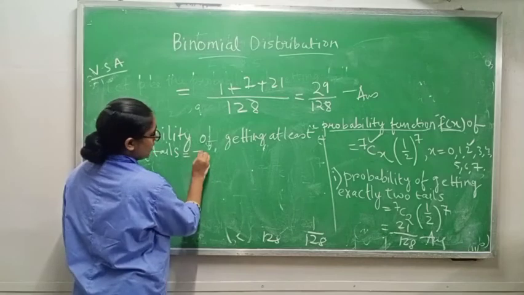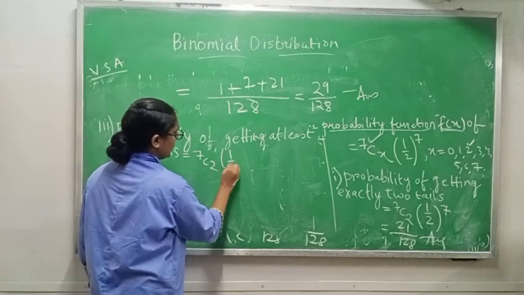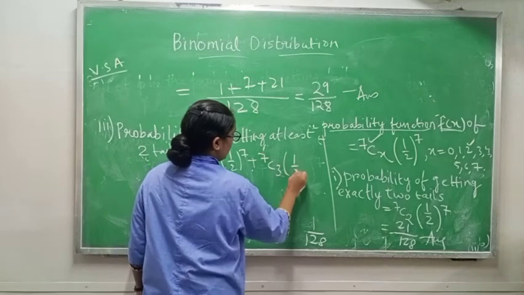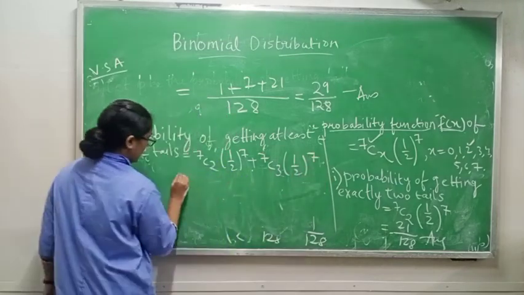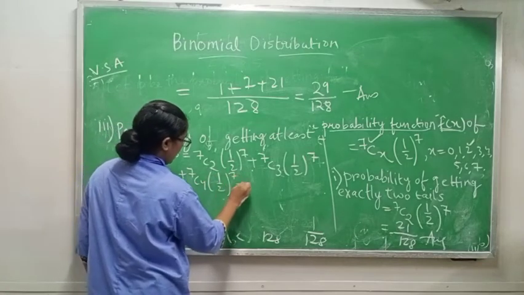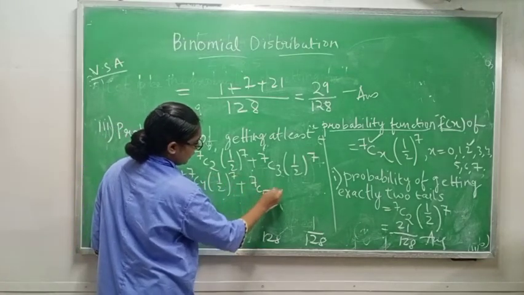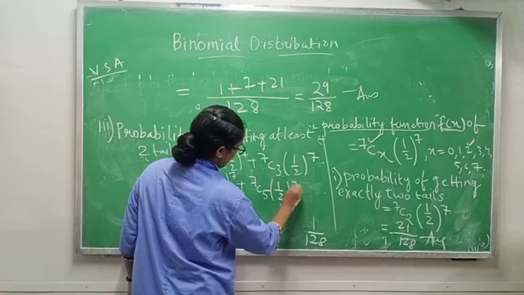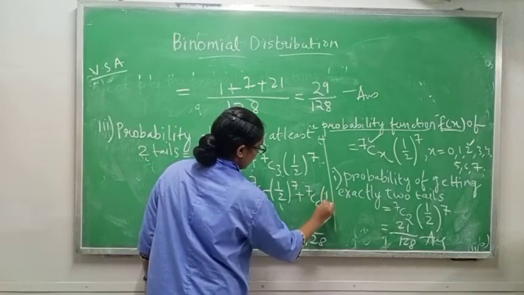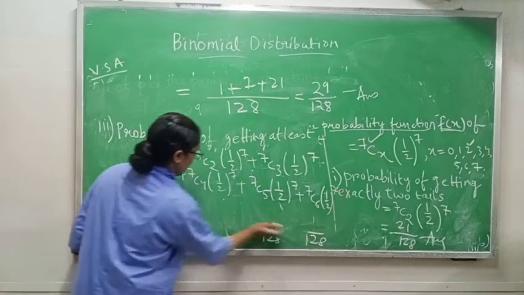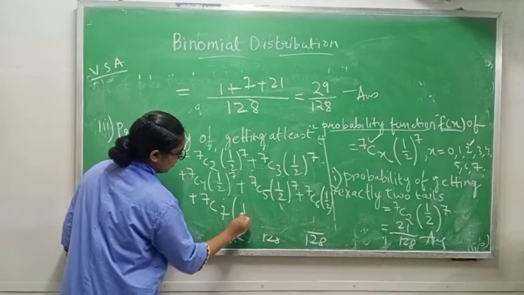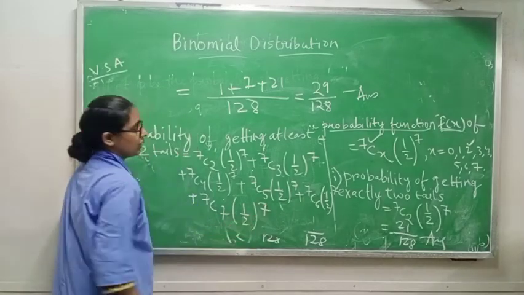It means 7C2 (1/2)^7 plus 7C3 (1/2)^7 plus 7C4 (1/2)^7 plus 7C5 (1/2)^7 plus 7C6 (1/2)^7 plus 7C7 (1/2)^7. Okay.